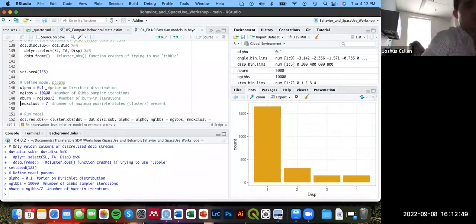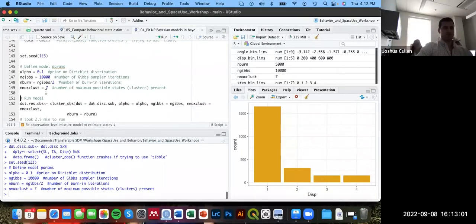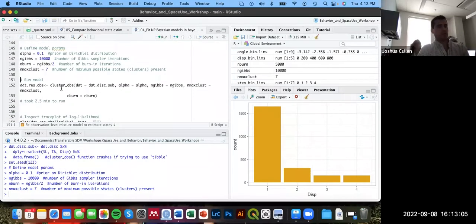But if you're working with only step lengths and turning angles, or maybe a third variable, at most you would only do maybe 9 maximum clusters or states. And then I'm providing those to this function called cluster obs. So cluster obs is what's running this M3 model. So it's clustering the observations directly into behavioral states.